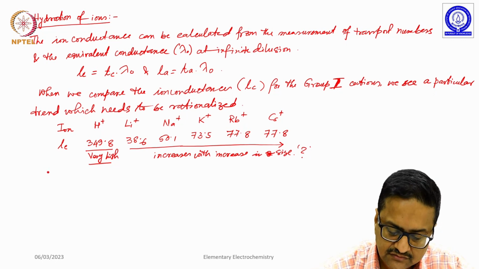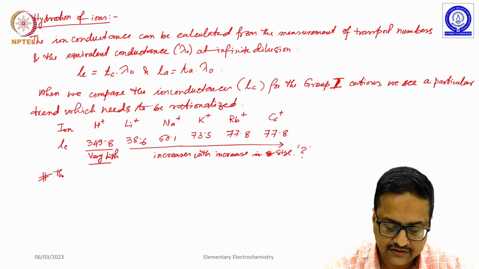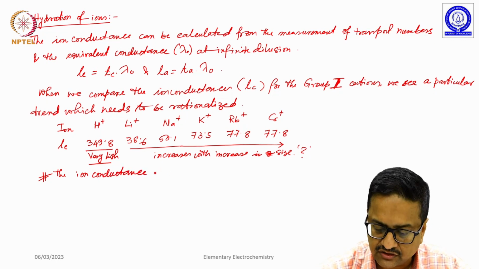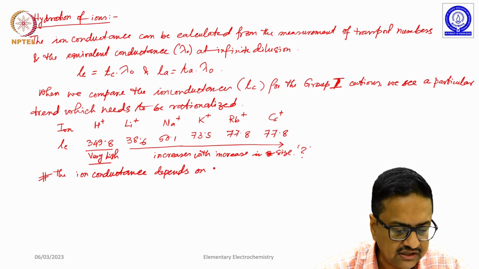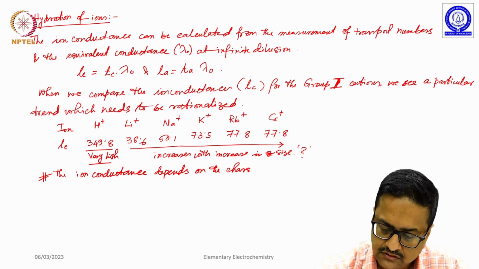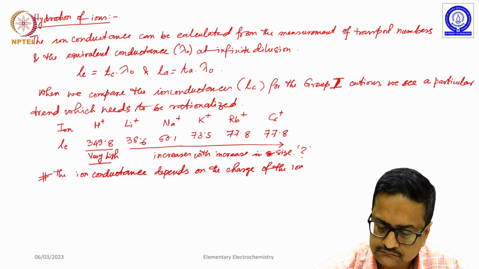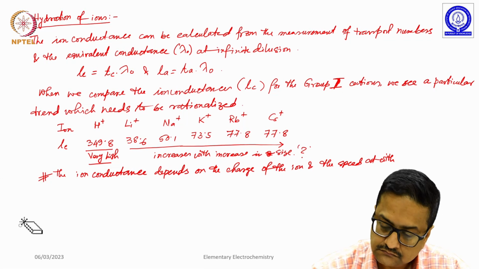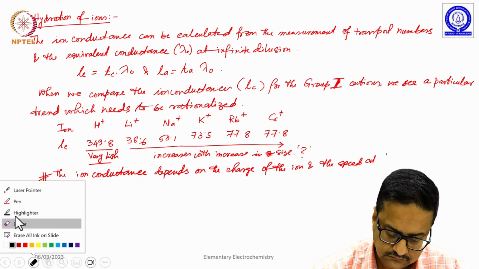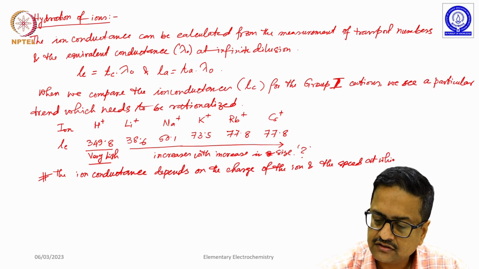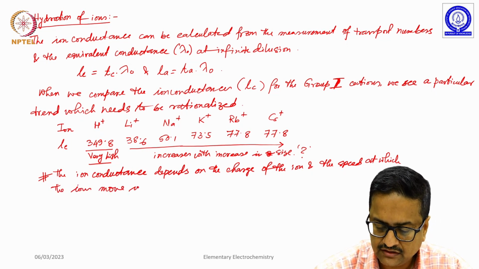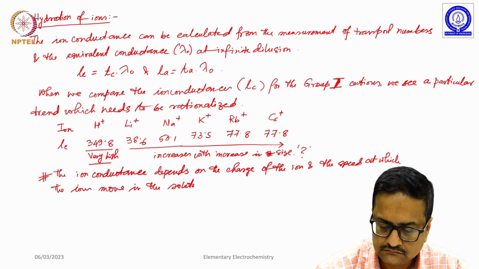So, one thing you must accept is that the ion conductance depends on the charge of the ion and the speed at which the ions move in the solution, right.